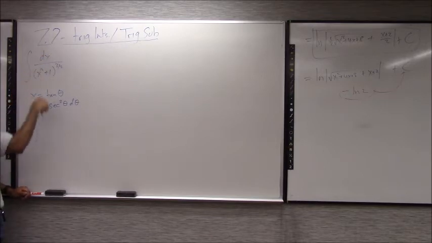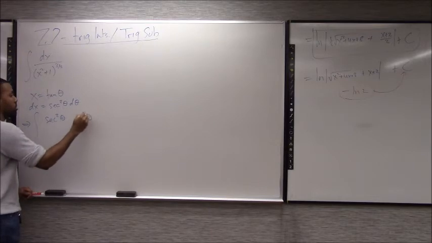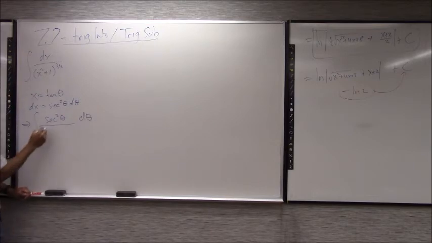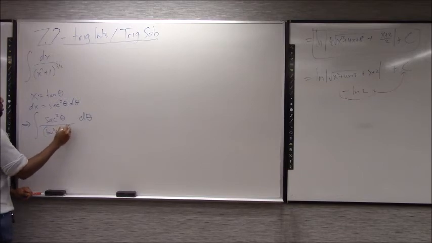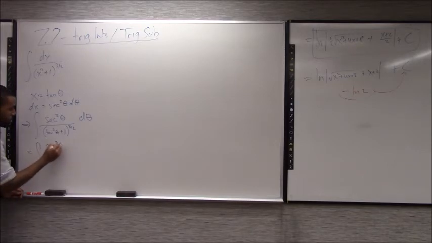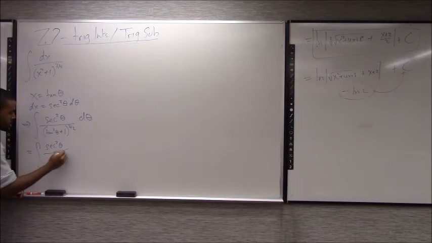So my dx I will replace with secant squared divided by, this is just tangent squared plus 1. Now what happens there is the tangent squared plus 1 will become a secant squared. So that will become secant squared theta to the 3 over 2.